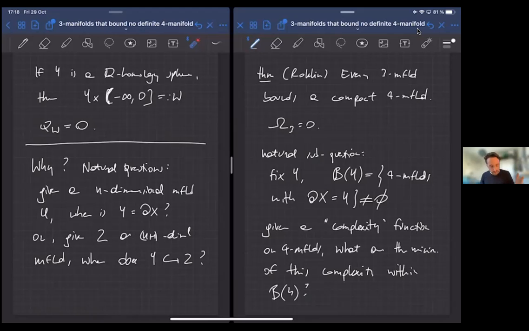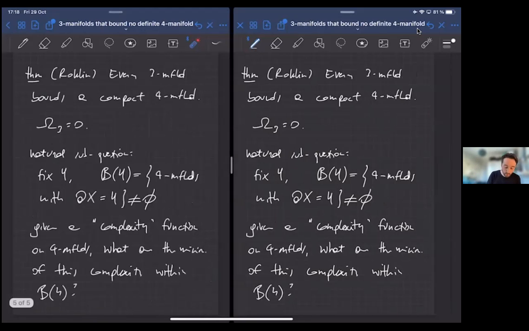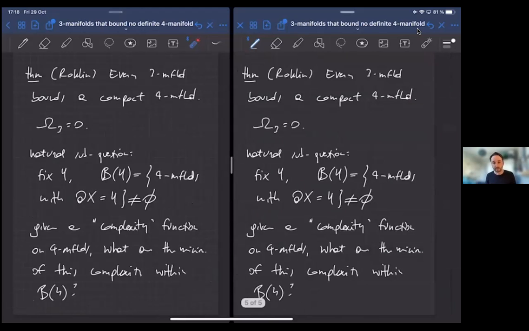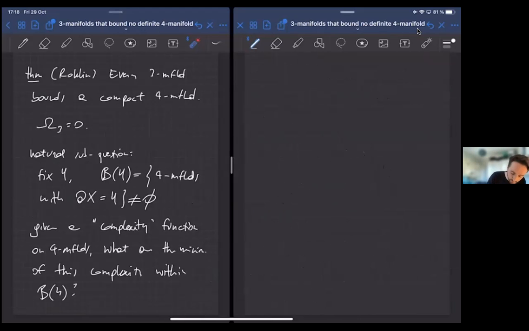And again, there's a long history of this question. For instance, you can look at handle decompositions of your four manifolds, and you can ask, what is the minimal number of one handles that you need, or the minimal number of two handles, or the minimal number of three handles that you need in any handle decomposition. Or the minimal number of total handles, or what is the smallest fundamental group that you can find. So if you stick to one handles, the complexity is the number of one handles.